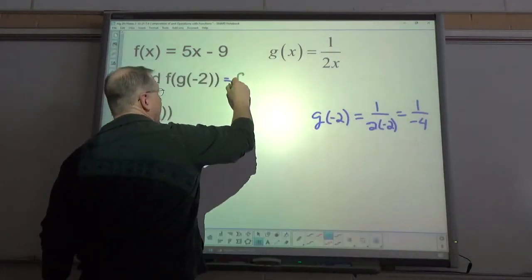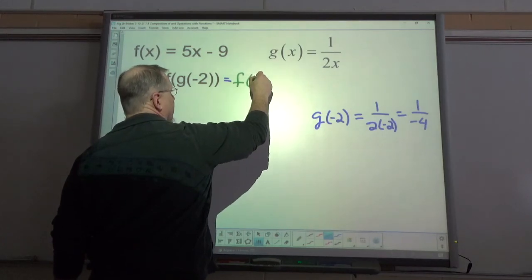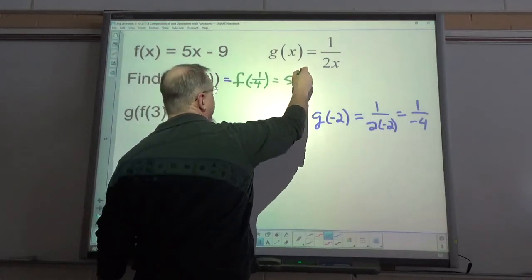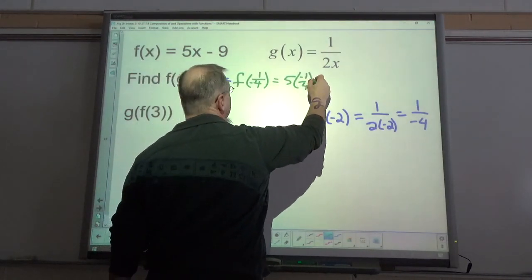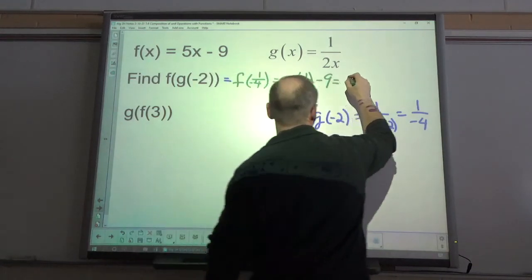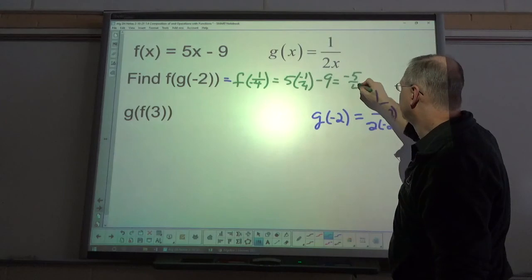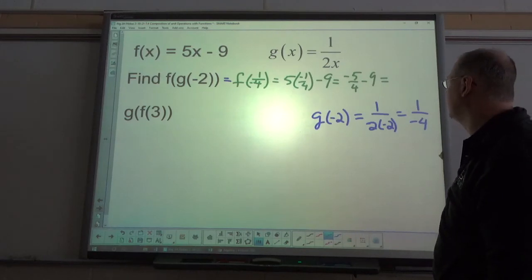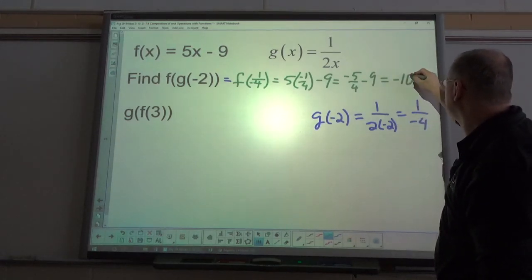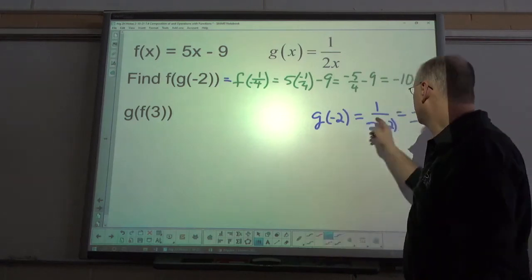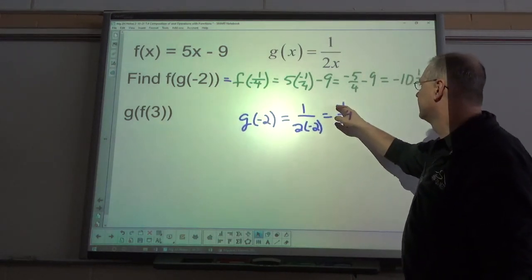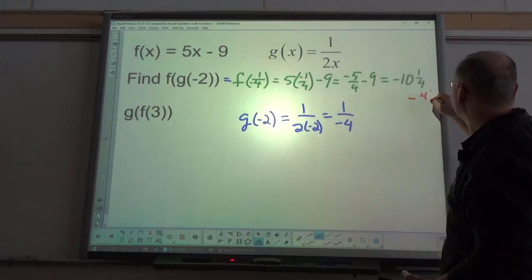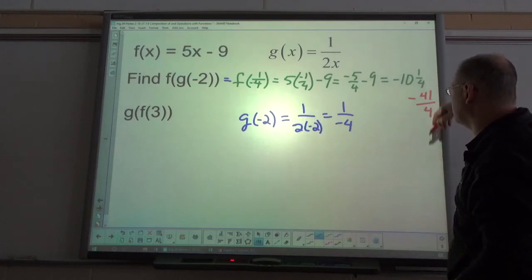So over here I'm going to say f of negative 1/4 is 5 times negative 1/4 minus 9. Negative 5/4 minus 9. Now 5/4 is 1 and 1/4, and if it's negative and 9 is negative, that's negative 10 and 1/4. Or you might even have said negative 41 over 4. Either one of these answers would be fine for final answer.